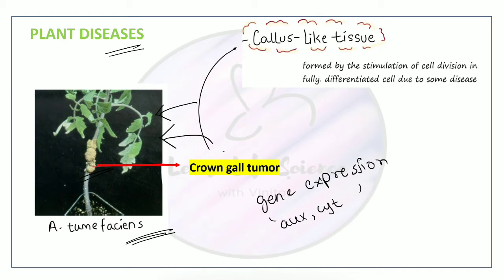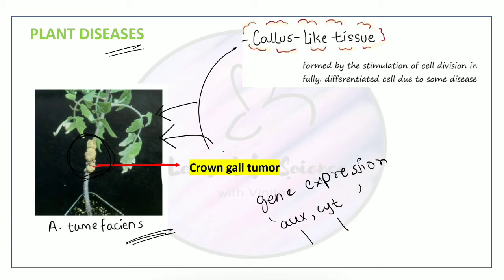So the auxin and cytokinin genes which were present on the genetic material of the bacteria are expressed in the host plant, and this causes the production of auxin and cytokinin. What will happen? Auxin and cytokinin are going to induce the mature cells. Okay, the host plant is mature, right?